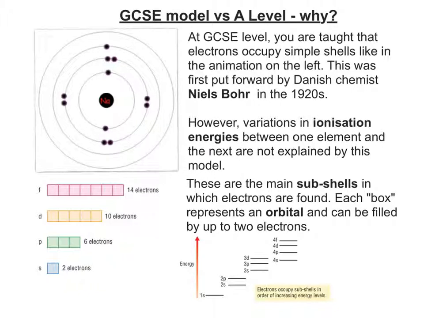Now, there's a specific way in which orbitals are actually filled, because as you can see from the diagram at the bottom, in reality, what you've got is an axis. And this axis represents energy, or E for short. So the f electrons occupy orbitals and subshells with high energy, and the s electrons occupy orbitals with low energy.